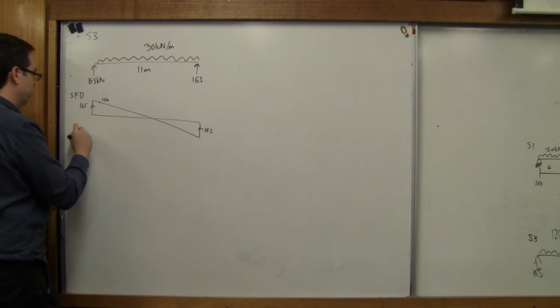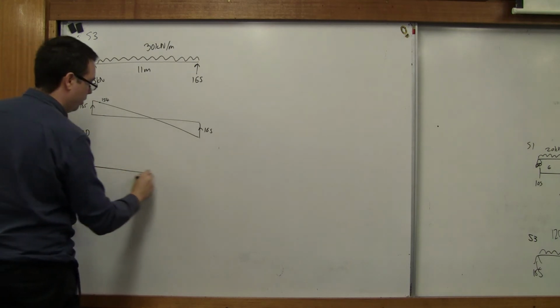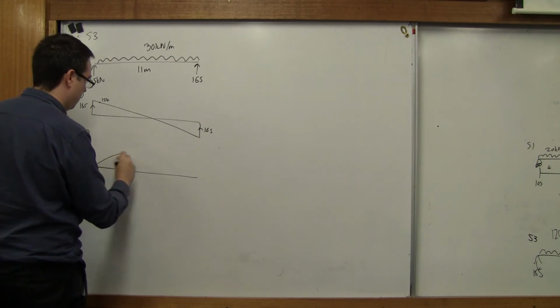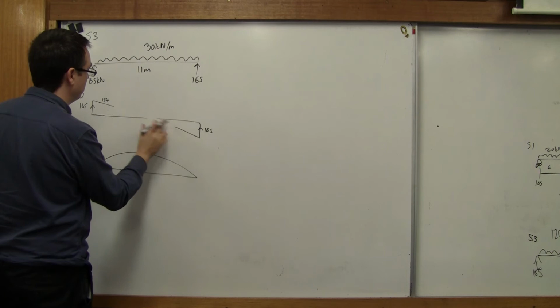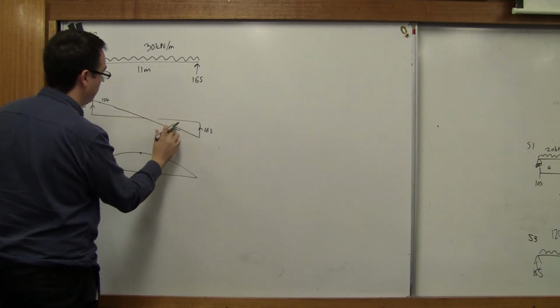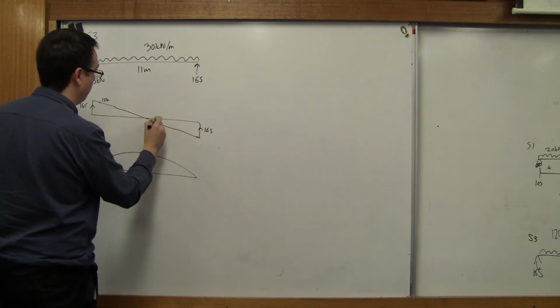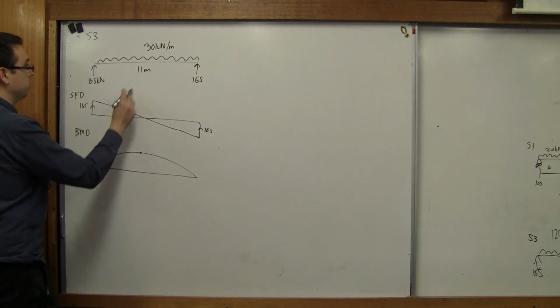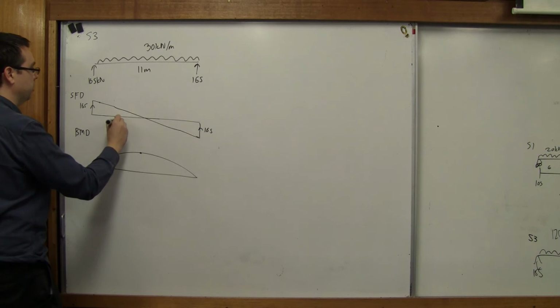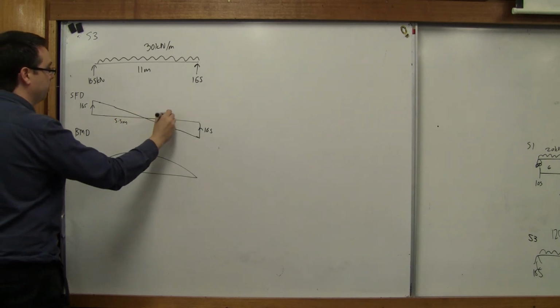The bending moment diagram, well, we know that it's going to be curved, or parabolic, and that the maximum is going to be at half of 11, so it's going to be 5.5 metres.